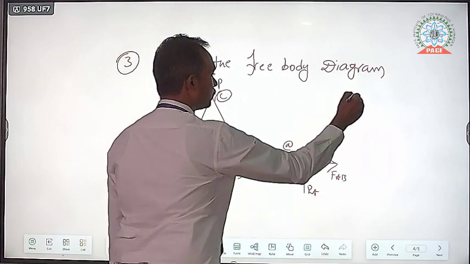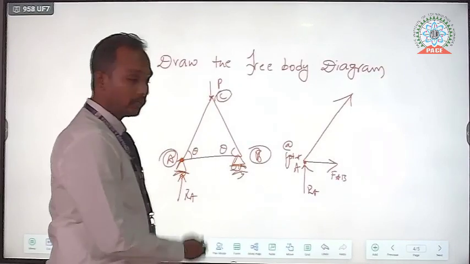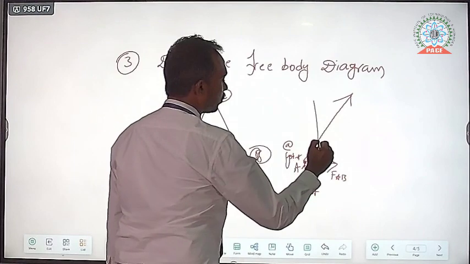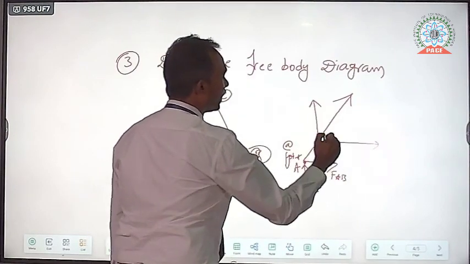Okay. So if you draw the free body diagram here, it will be like this.